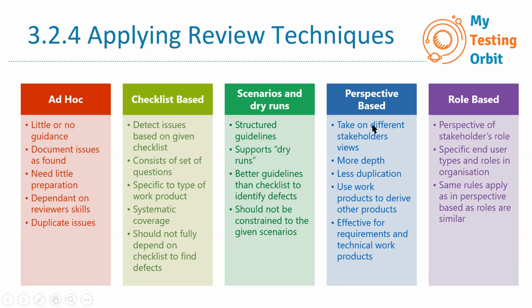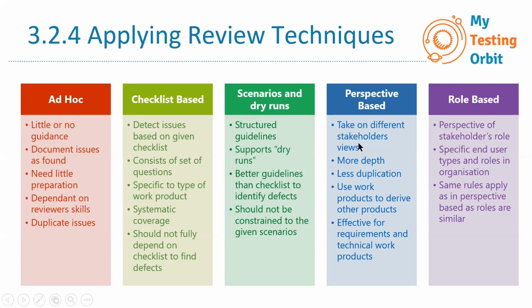The next one is perspective based. Take on different stakeholder views. If there are multiple team members from different domains, maybe a tester, developer, stakeholder, business analyst, everyone has a different view, so they have different perspectives.